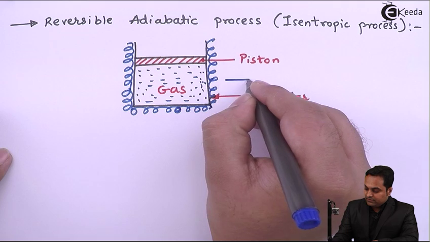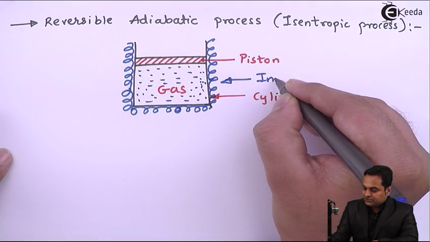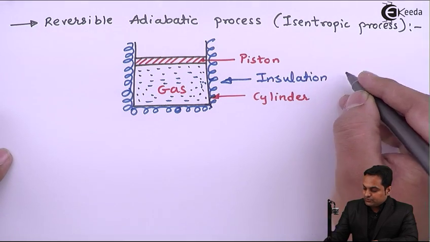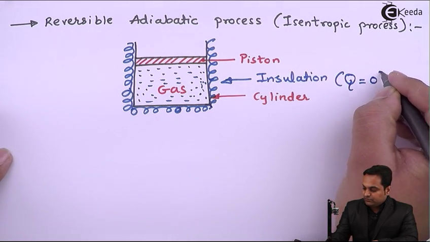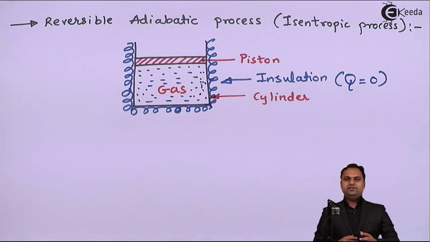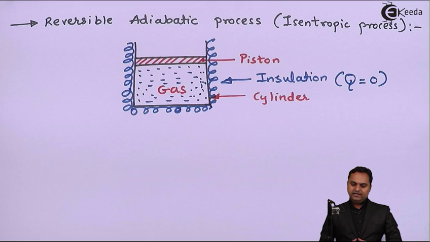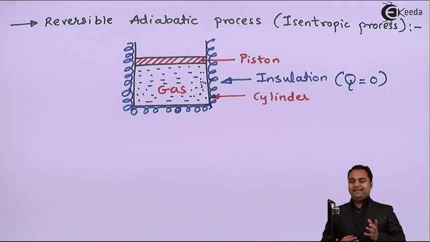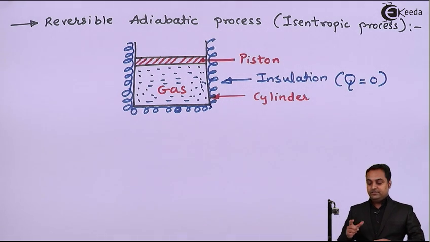So this indicates that it is an insulation, and because of this insulation the amount of heat transfer is equal to zero. So the reversible adiabatic process can be imagined as an insulated cylinder from which neither heat can transfer out nor any heat can come inside this system. So it is a reversible adiabatic process.